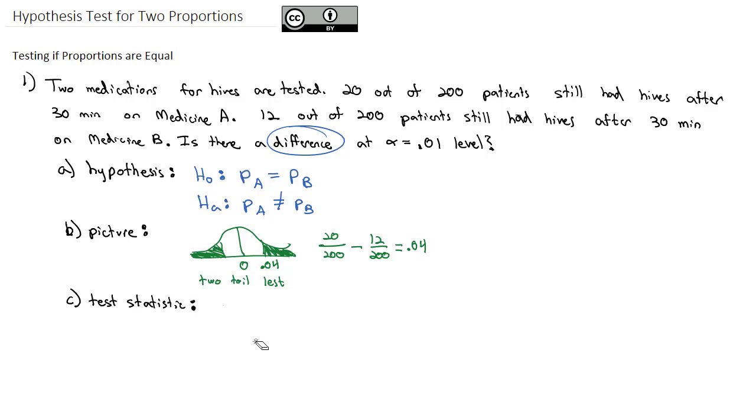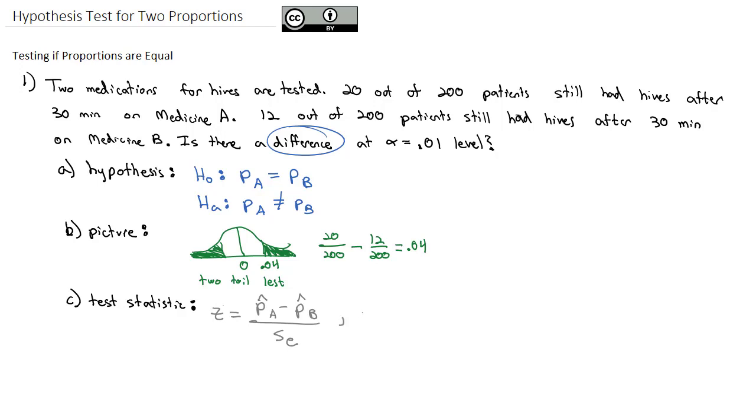Just as we had a specific formula for testing if a proportion was equal to a number, when we don't know if two proportions are equal to each other, we're going to have different formulas for the standard error and the test statistic. The formula for the test statistic with two proportions is we take the sample proportion of the first group, subtract the sample proportion of the second group, and divide by a standard error.